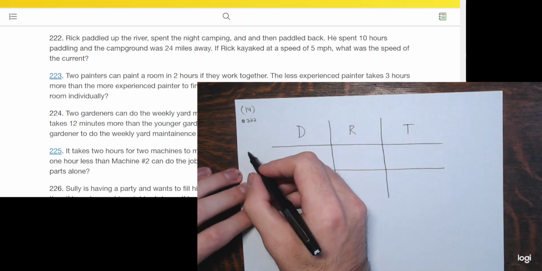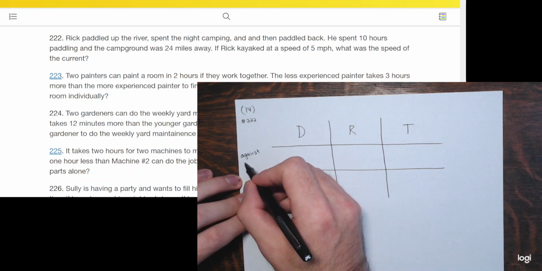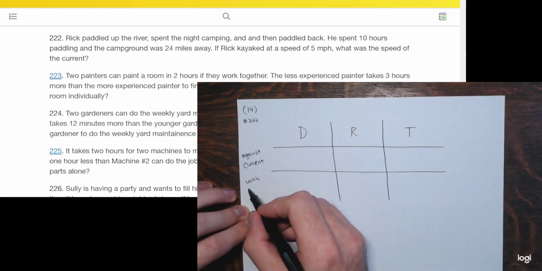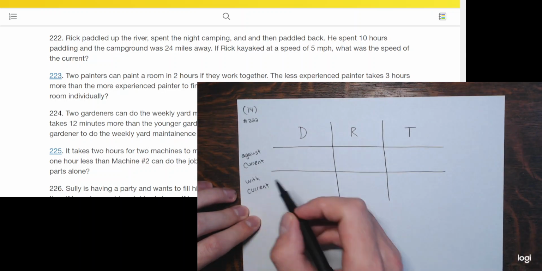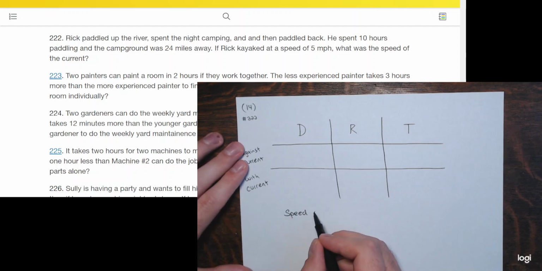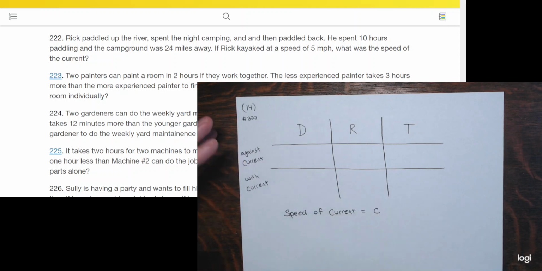We've got traveling against the current, and traveling with the current. They're asking us to find the speed of the water, the speed of the current. I'm going to call that C for current.